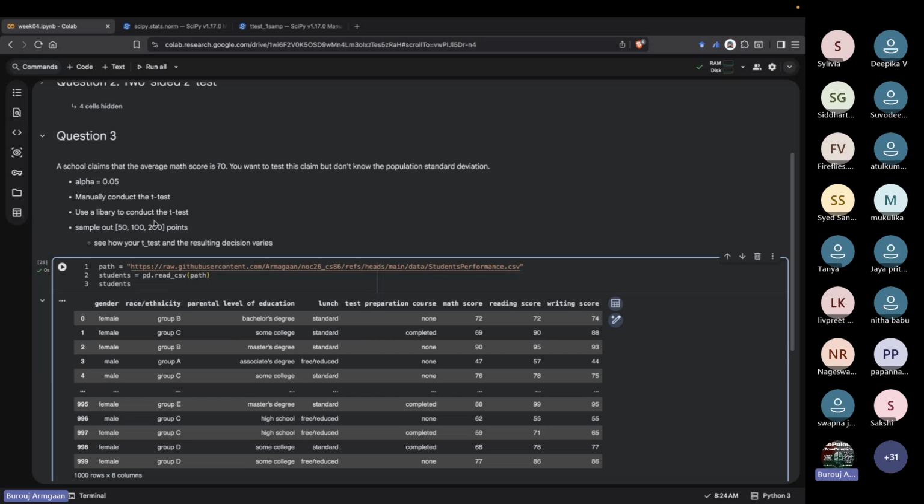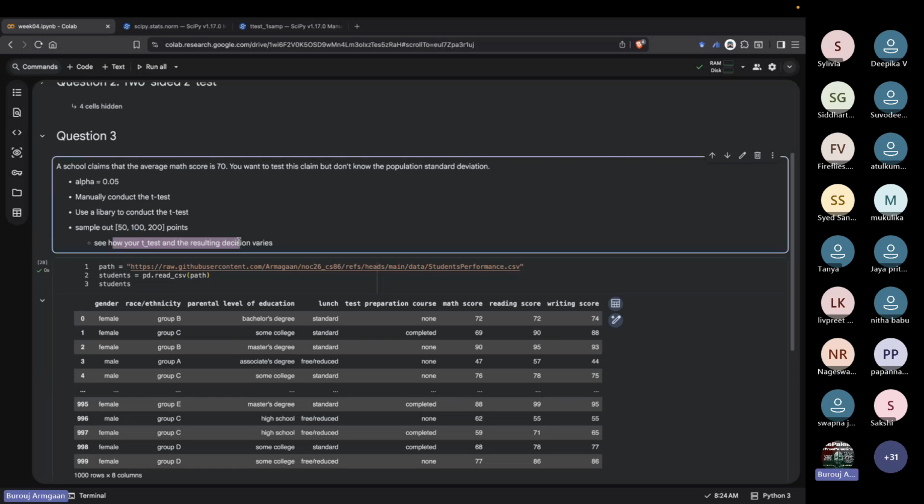Essentially, you are noticing the effect of your sample size on your t-test. That is, can you even trust it at small sample sizes?